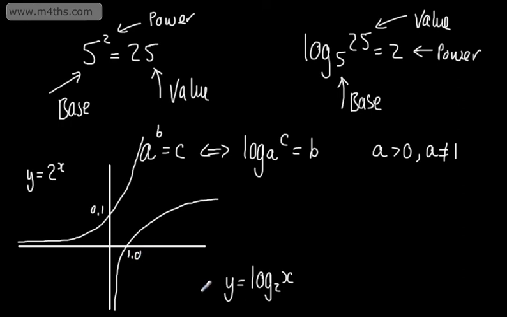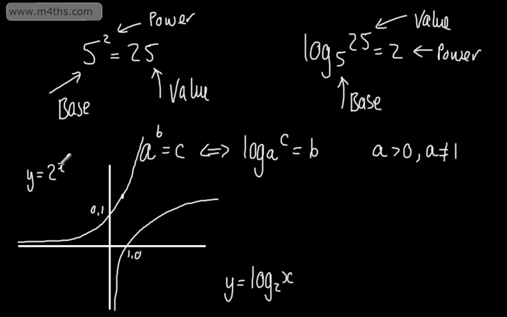If we consider now, if I have log to the base 2 of 1, all I say to myself is what power do I need to raise 2 by to get 1? Well, the answer is 0, because 2 to the 0 is 1. So here, what power do I need to raise 5 by to get 25? The answer is 2. So that's the point now, 1, 0. If we look at this point just here, we'll have x is equal to 1.